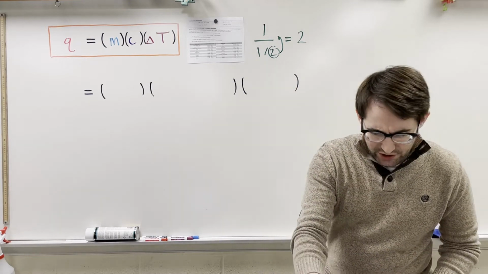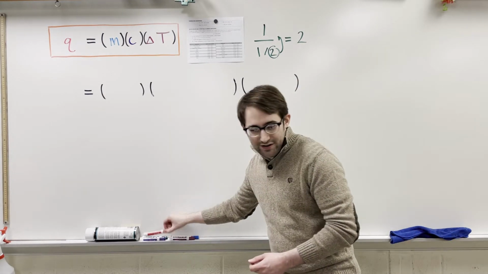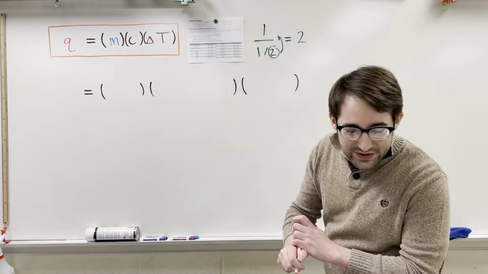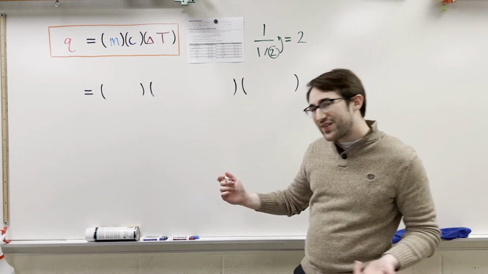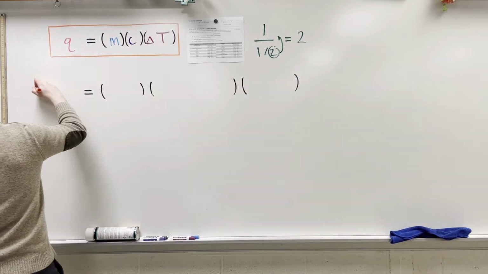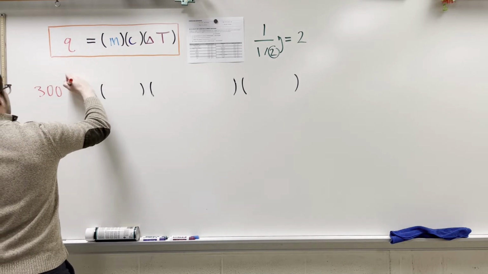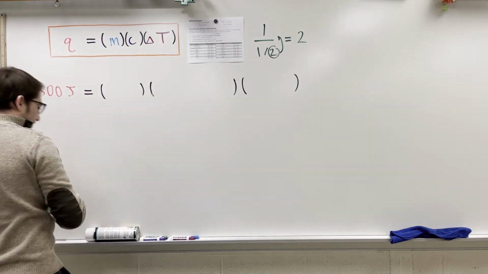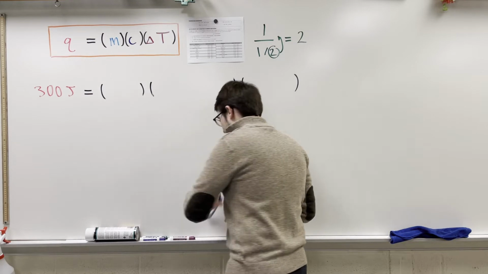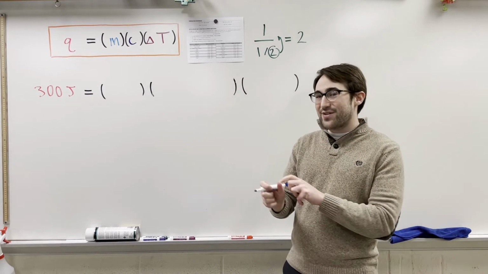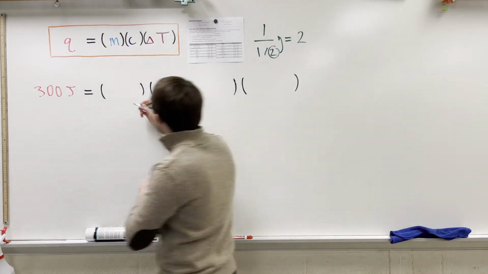Okay, so we are given that this piece of silver is absorbing 300 joules of heat. And this time we're given the mass. We know that it's 2.5 grams.